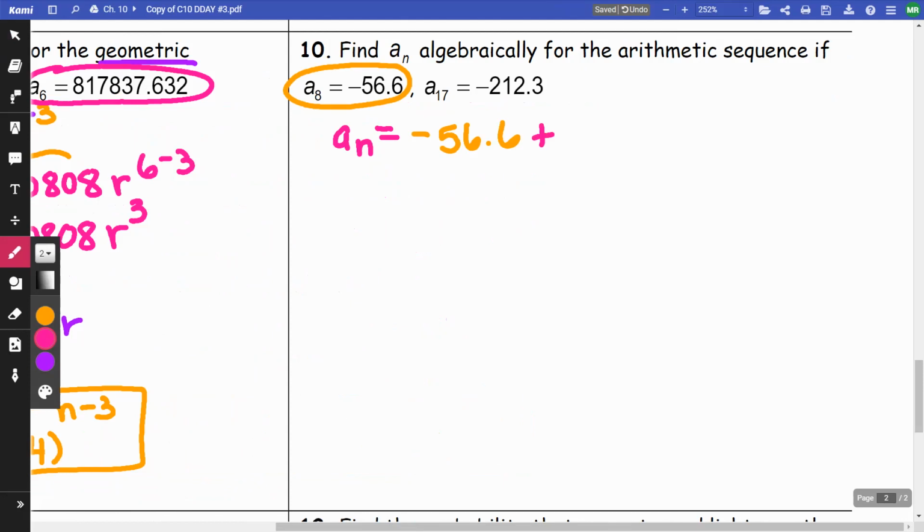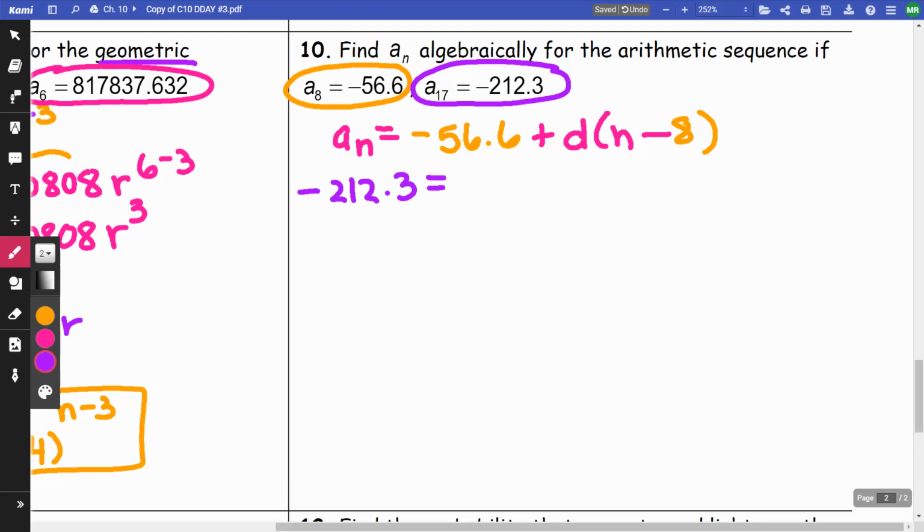We're adding some d, not sure what it is, and that's going to be n minus 8 times because I'm using my 8th term. Then I am going to take this 17th term, put that in for my a sub n, so negative 212.3 is equal to negative 56.6 plus d times 17 minus 8.